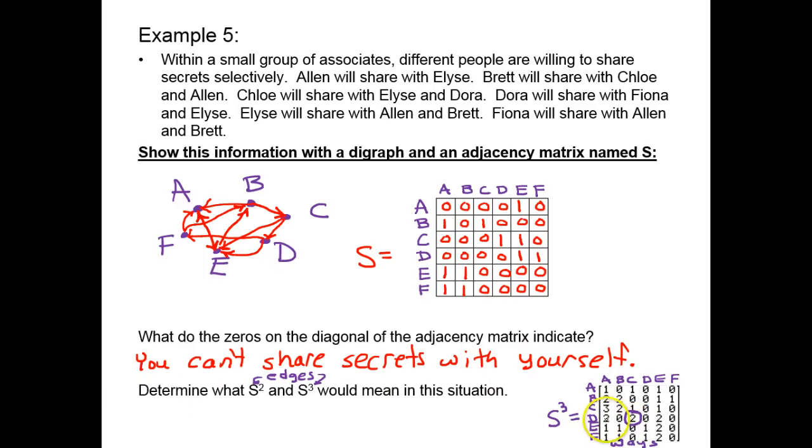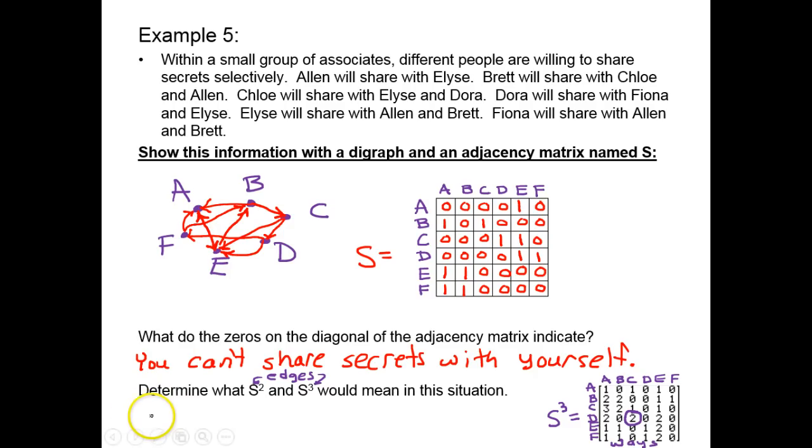This number 2 means the number of ways. There are 2 ways that Dora can share a secret with Chloe. And that's the order of this, from Dora to Chloe. There are 2 ways for Dora to get a secret to Chloe while using 3 paths on this diagram.